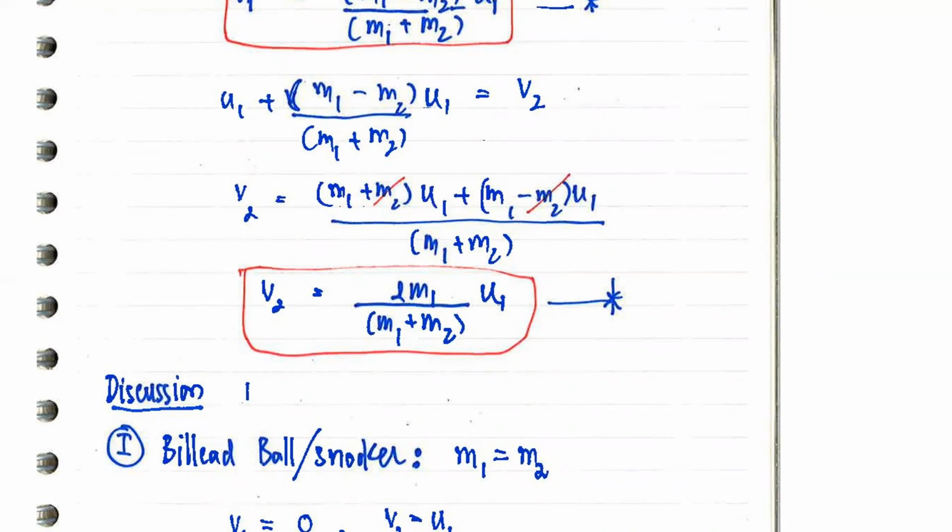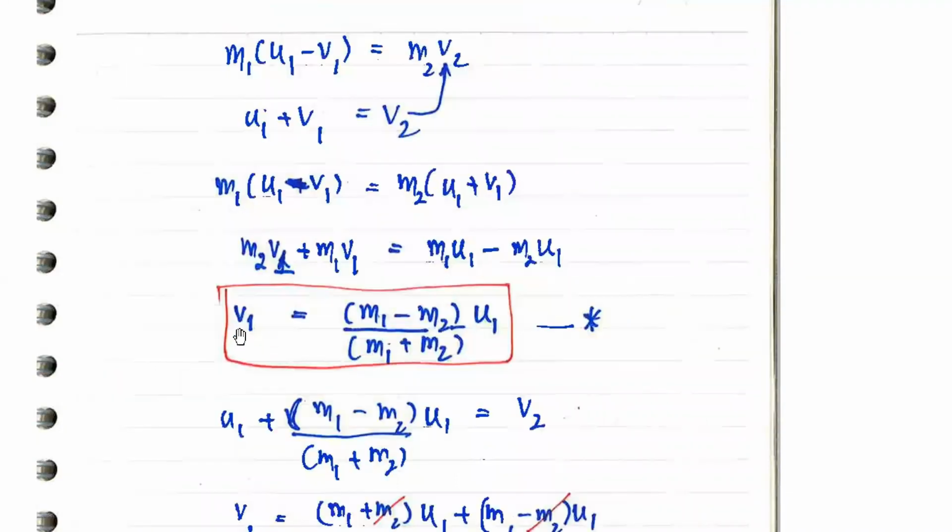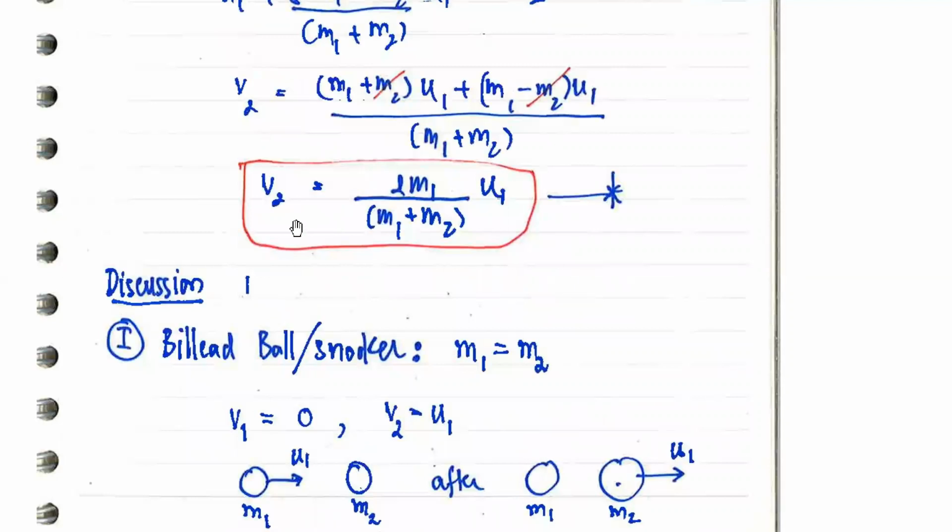If you look along the road, Mokatai is at rest before the collision because she's moving across the road. She doesn't have any velocity along the road. But then the motorcycle comes in with some speed and they collide. If the collision is elastic, afterwards the motorcycle will have velocity v1 like this, and Mokatai will have velocity v2 like this.